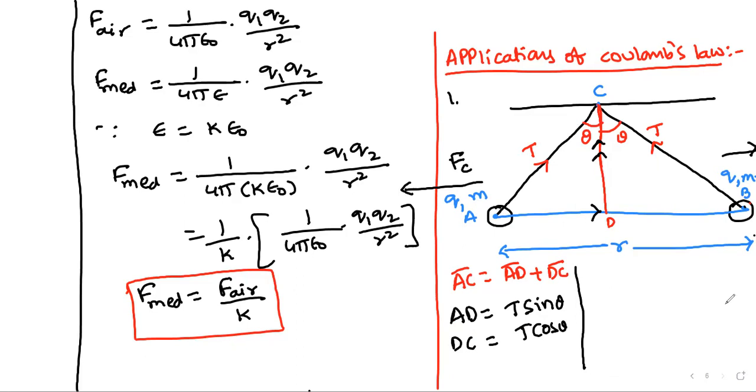At equilibrium, I can write FC equal to T sin theta, and T cos theta, that is DC. Vertically downwards, we are having mg. So mg is equal to T cos theta.